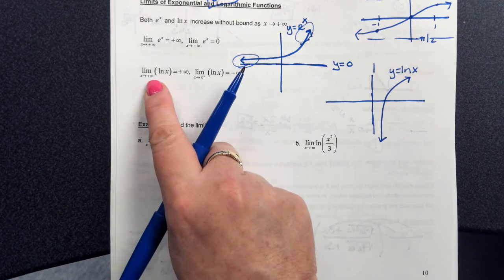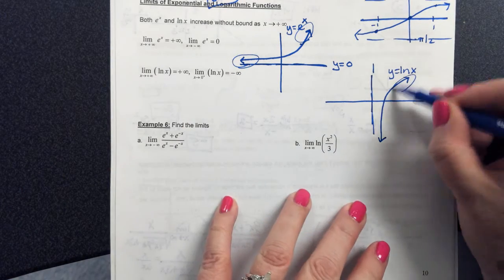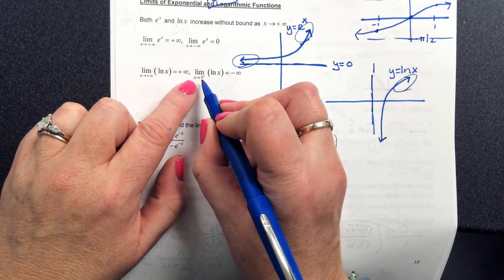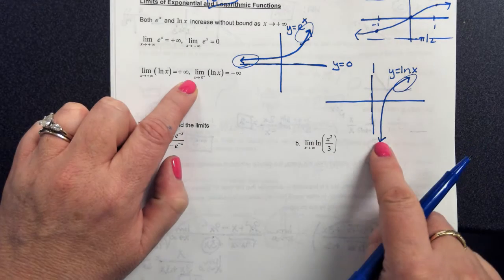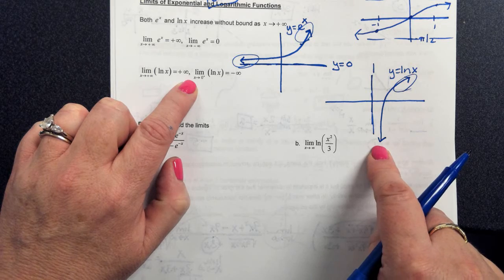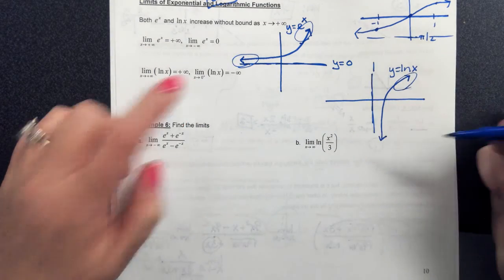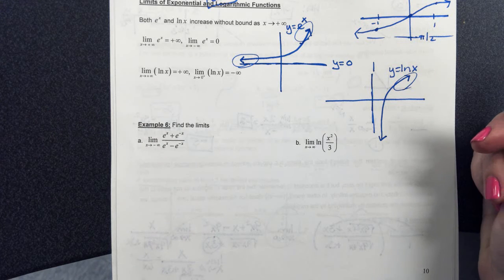The limit as x goes to infinity is increasing to positive infinity. We can't talk about the limit as x goes to negative infinity because this graph stops at the vertical asymptote. But the limit as x approaches 0 from the right is going down towards negative infinity as it approaches the vertical asymptote.